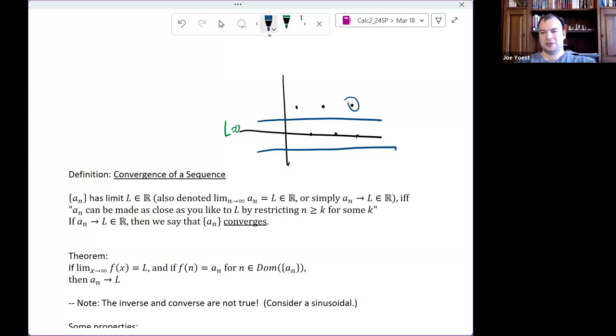But I can always also find another number that's outside of that corridor. This limit would not exist. So something like a sinusoid, that limit's not going to exist. That sequence is not going to converge.